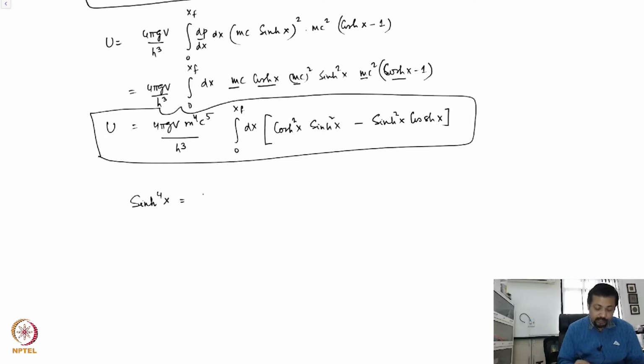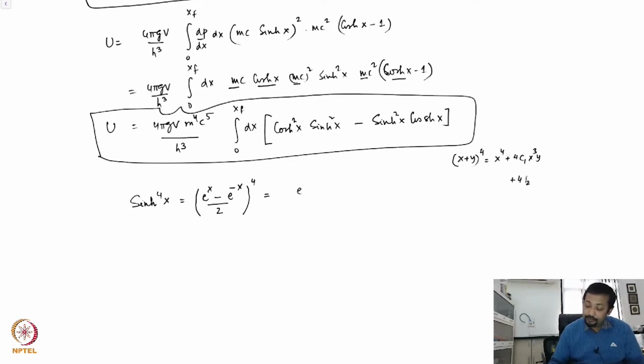Sinh 4x is ((e to the power x minus e to the power minus x) by 2) raised to the power 4, which is, if you recall your binomial expansion, x to the power 4 plus 4c1 x cube y plus 4c2 x square y square plus 4c3 x y cube plus y to the power 4.